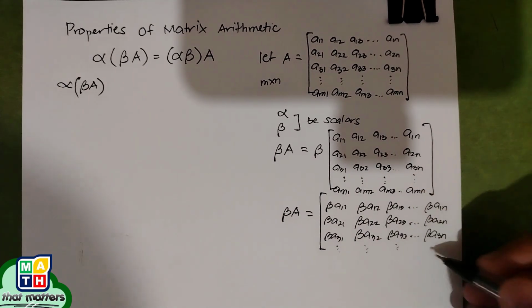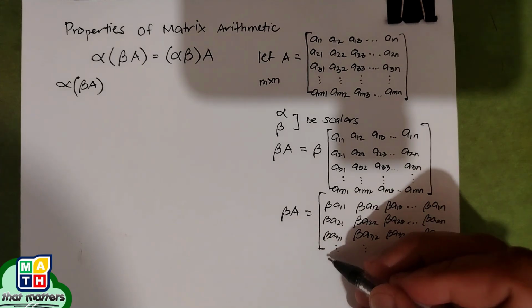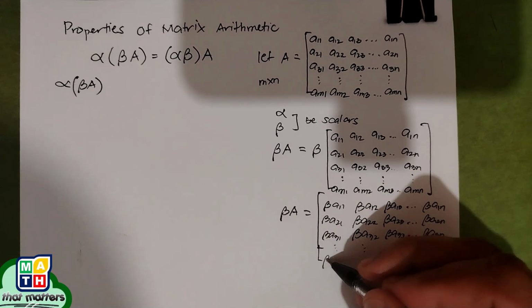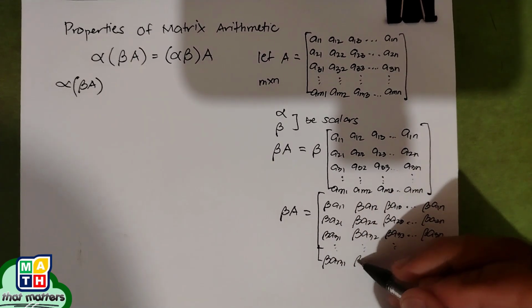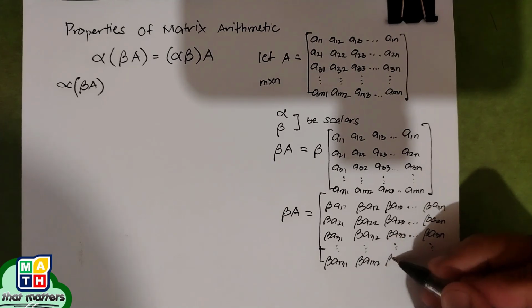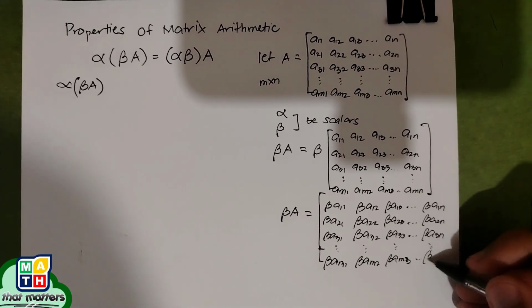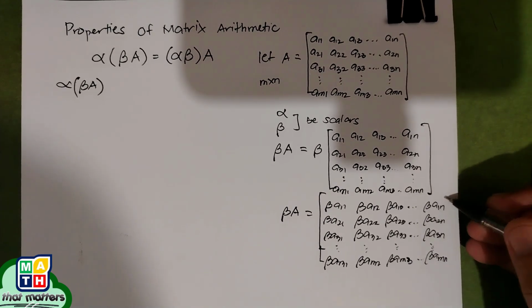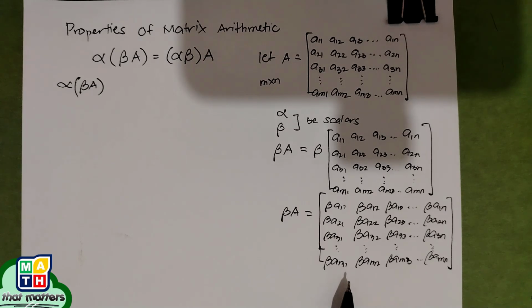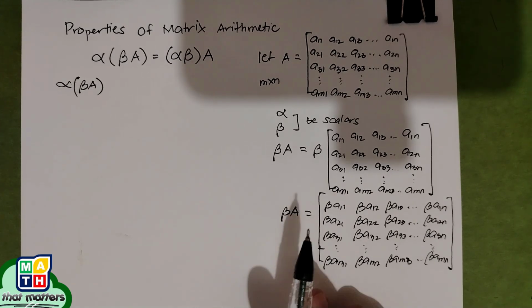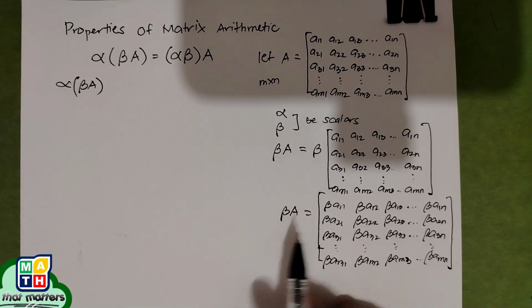And here, let's extend it: beta Am1, beta Am2, beta Am3, dot dot dot, beta Amn. So this is the expression equivalent to our beta A, the matrix A now.